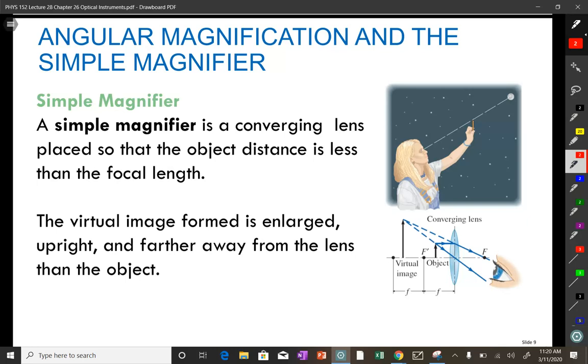And so I can see it more clearly by using my simple magnifier. The whole point of the simple magnifier, like Grandma used to use to read the newspaper, is so she can bring it closer to her eyeball and thus have a magnified size that she sees.